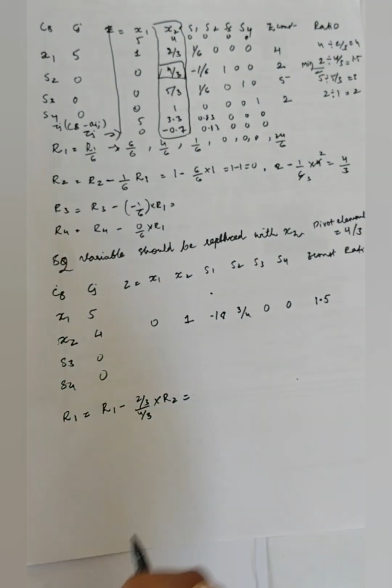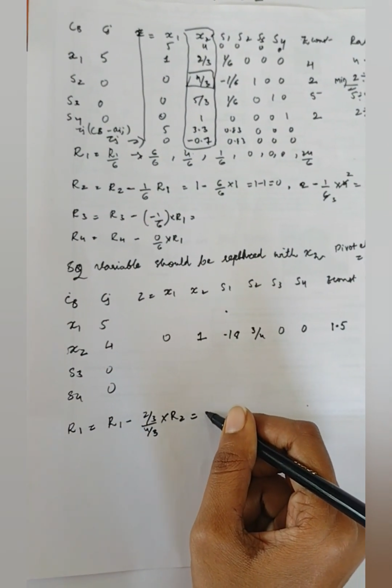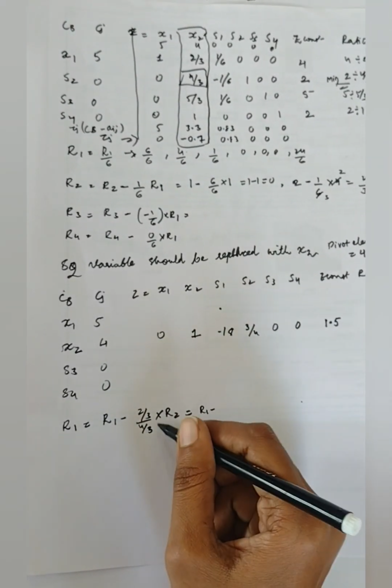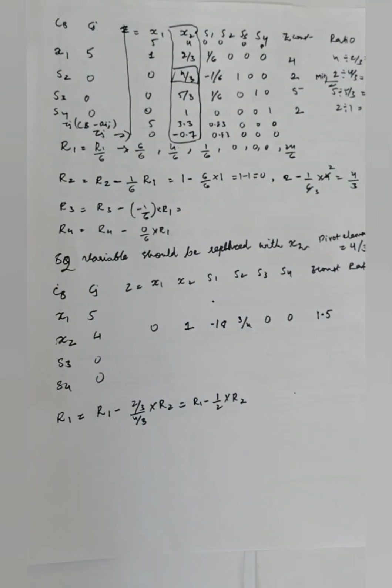So what will happen, R1 minus, the 3 gets cancelled, 1 by 2 into R2 is the formula.